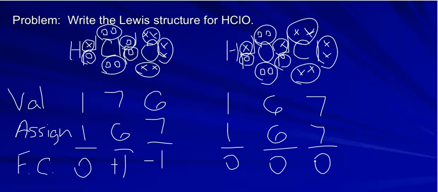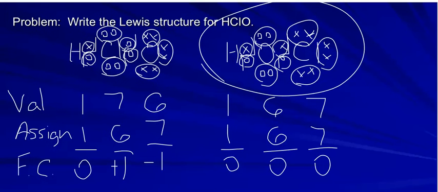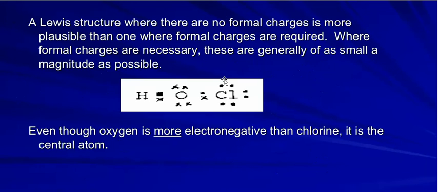A Lewis structure where there are no formal charges is more plausible than one where formal charges are required. So the best structure is this one right here, because the formal charges of each element are 0. Even though oxygen is a little more electronegative than chlorine, it is the central atom in this case.